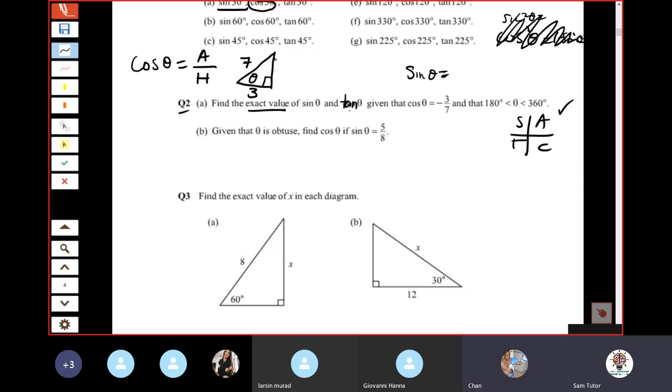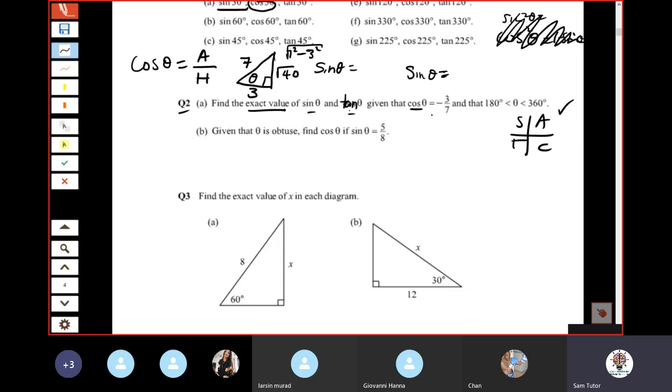And then once you work out this side, which is 7 squared, take away 3 squared, and then square root it, which is root 40, are you able to now say what sine theta is? Yes. So I guess the trick you want to learn from this is if you ever have cos theta, you need to go find sine and tan.